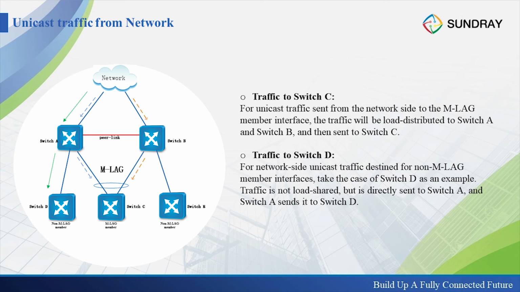For the unicast traffic from the network side, the traffic will also be sent by load balance. For unicast traffic sent from the network side to the MLAG member interface, the traffic will be load distributed to switch A and switch B, and then sent to switch C. And for the unicast traffic from the network side designed for a non-MLAG member interface, here we just take switch D as an example.